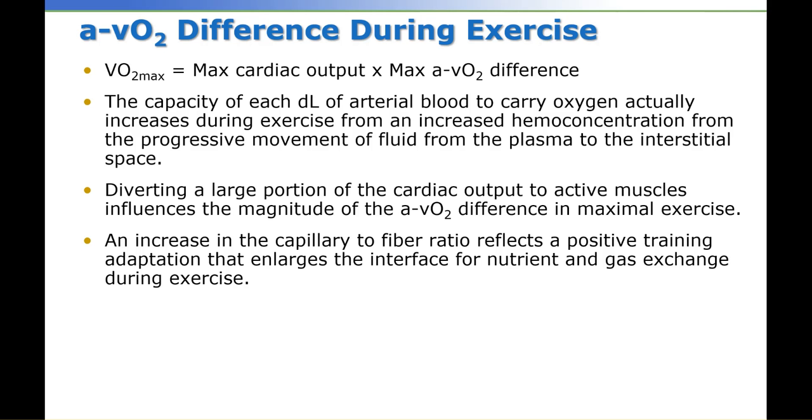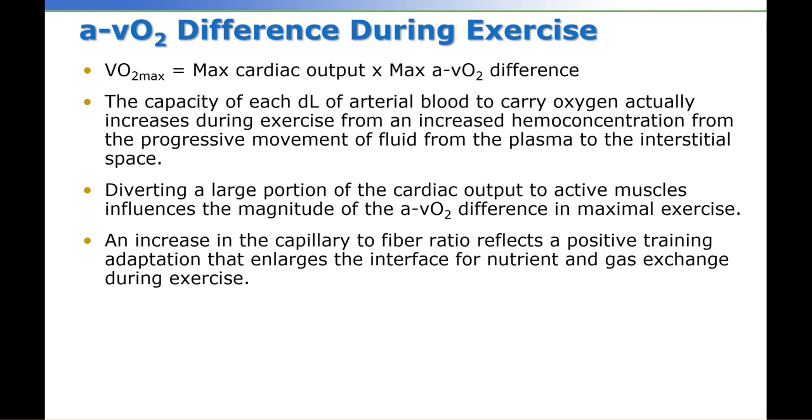The difference between arterial and mixed venous blood oxygen content, or AV-O2 difference, at any time represents the extraction of oxygen from blood as it circulates through the body's tissues, okay? So that's what AV-O2 difference is.